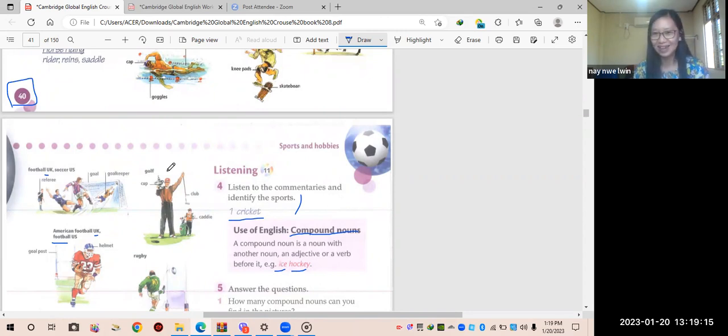There are so many words out there that are compound nouns. We have just finished our lunch time, right? Lunch time, that is a compound noun. That is quite simple, right? Lunch plus time, lunch time. So is there any other word that you know that is a compound noun?